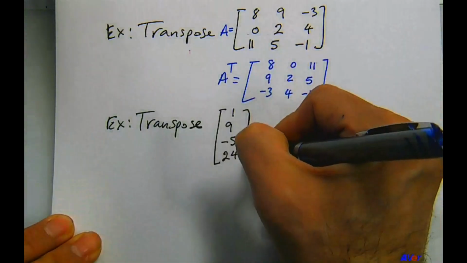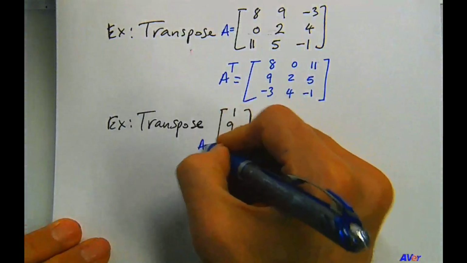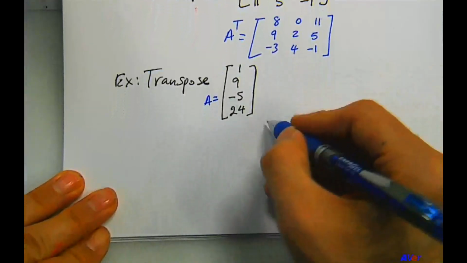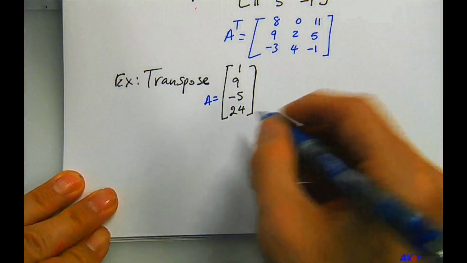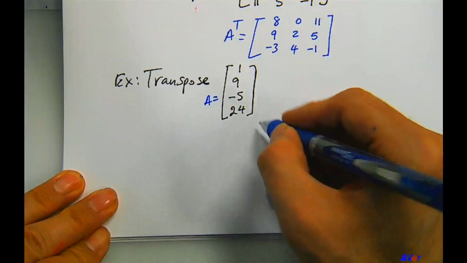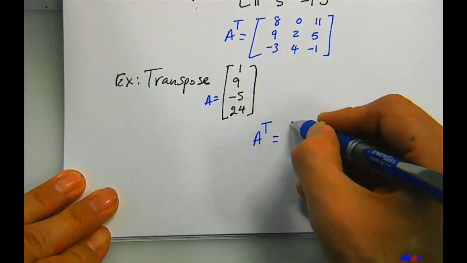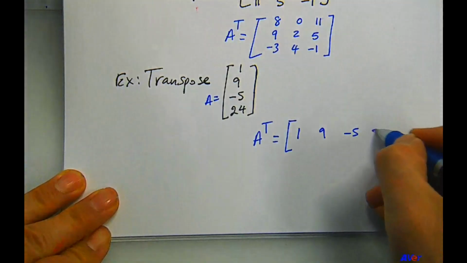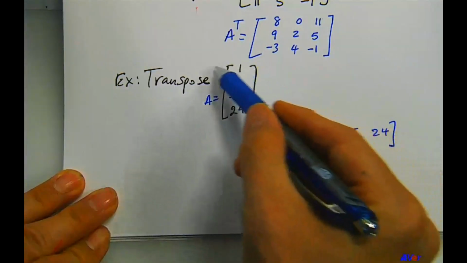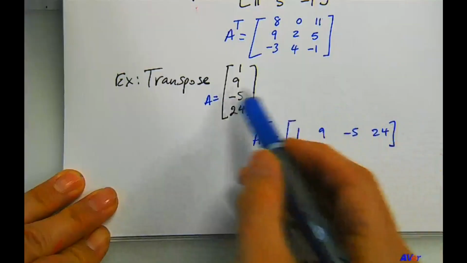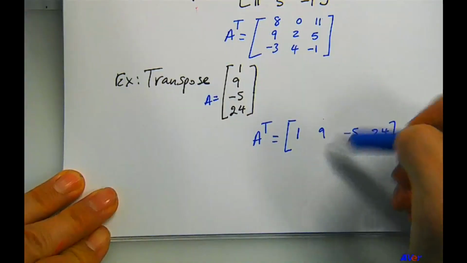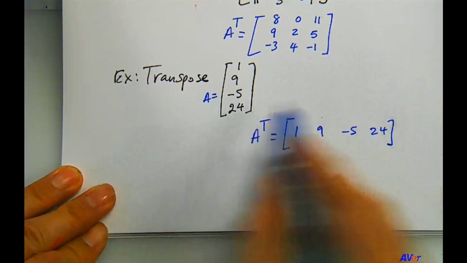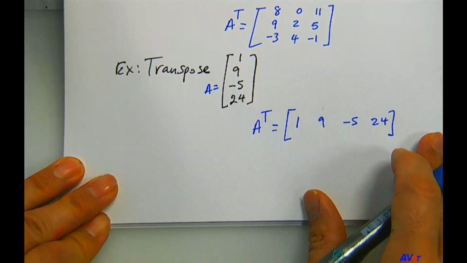Let's call this A, and then the transpose matrix, A transpose, we have 1, 9, negative 5, and 24. So the first row is 1, it becomes the first column. The second row is 9, it becomes the second column. Third row is negative 5, and it becomes the third column. Fourth row becomes the fourth column.